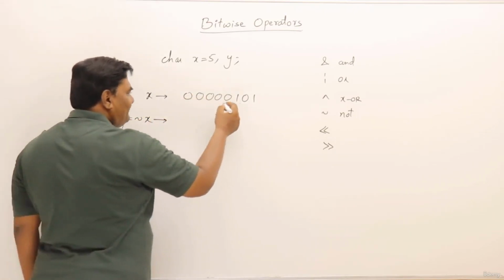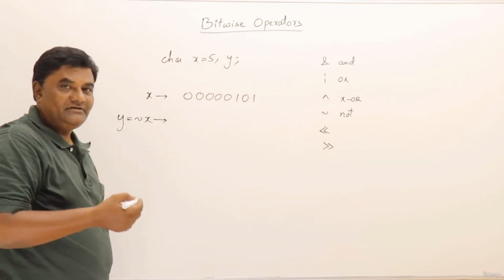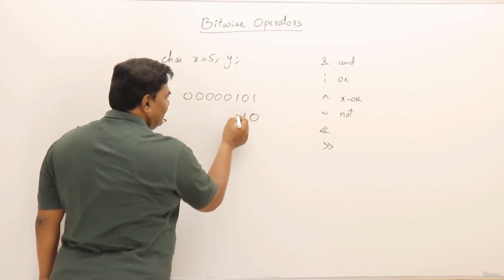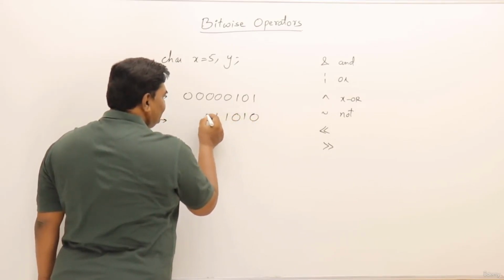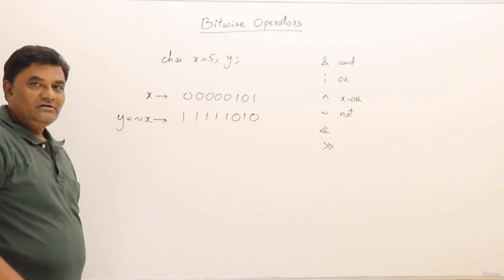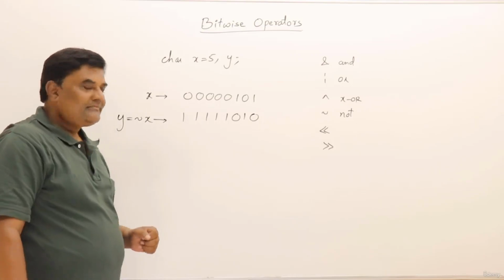Not means every binary bit will change its state. That is 0 will become 1, 1 will become 0. So this becomes a 0 and 1 and 0. Then all these are 1s. So this is the complement or the not of x.